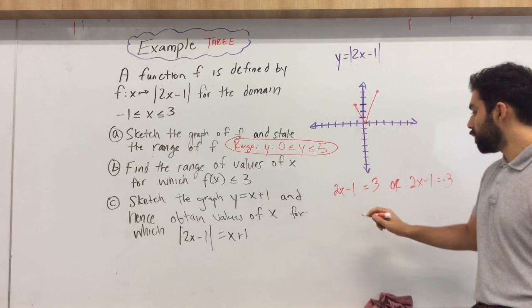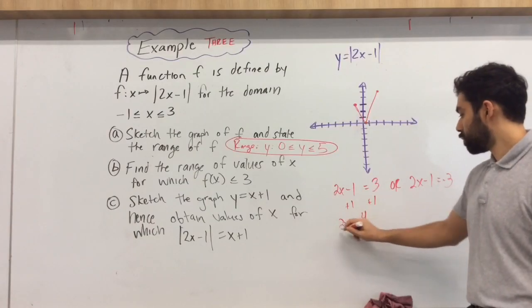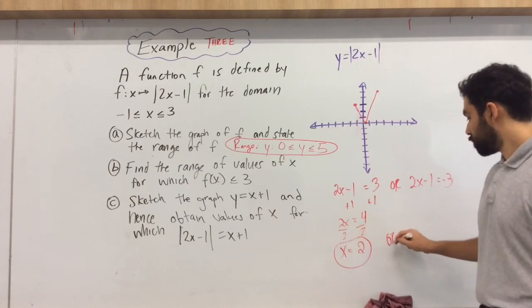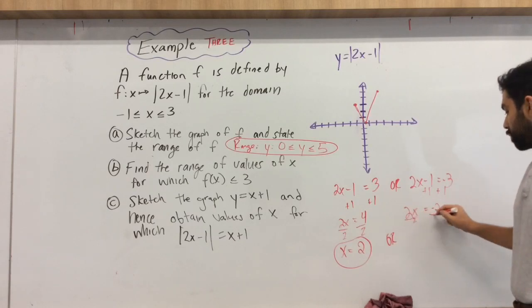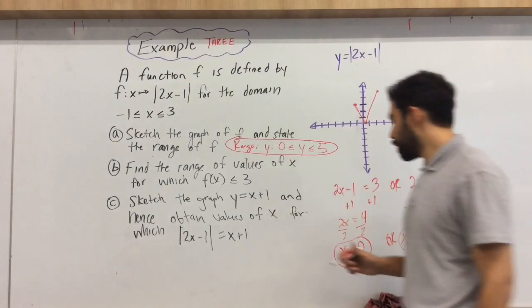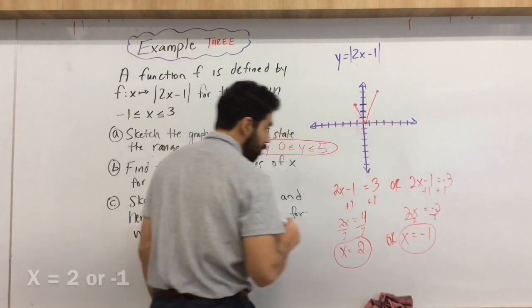We solve for them individually. In this case, our values are 2 and negative 1.